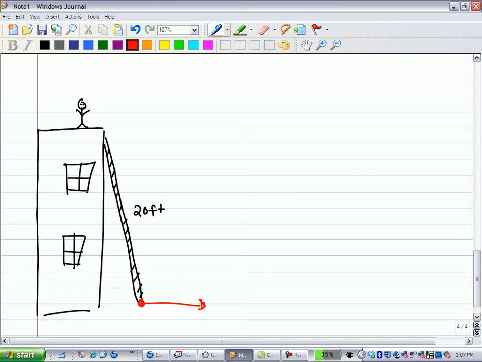So what we're doing here, the base of this ladder is going to be sliding away from the building at a rate of, let's go with 0.75 feet per second.